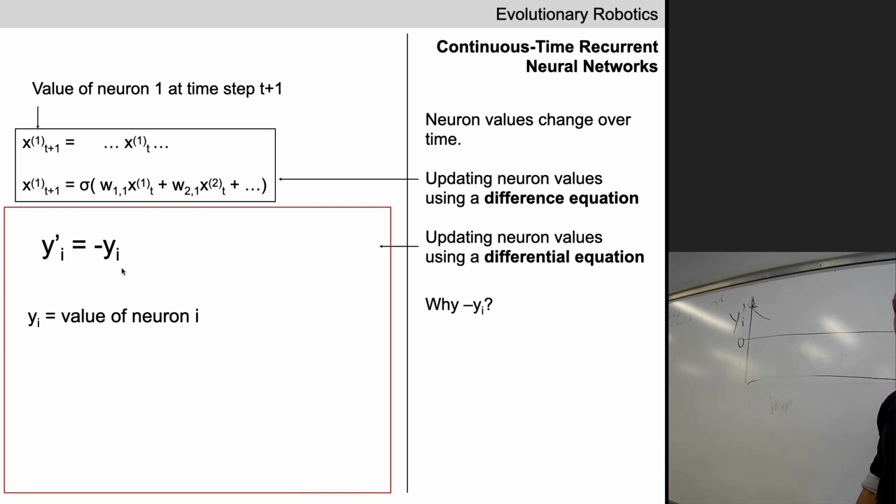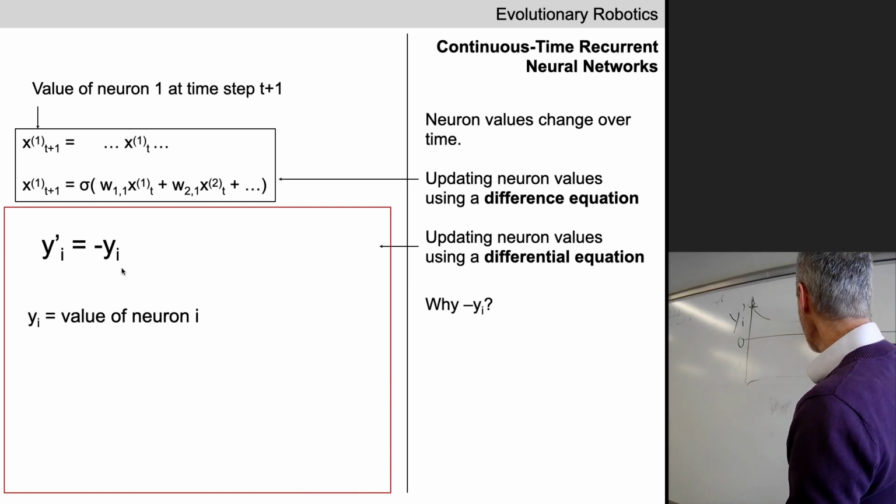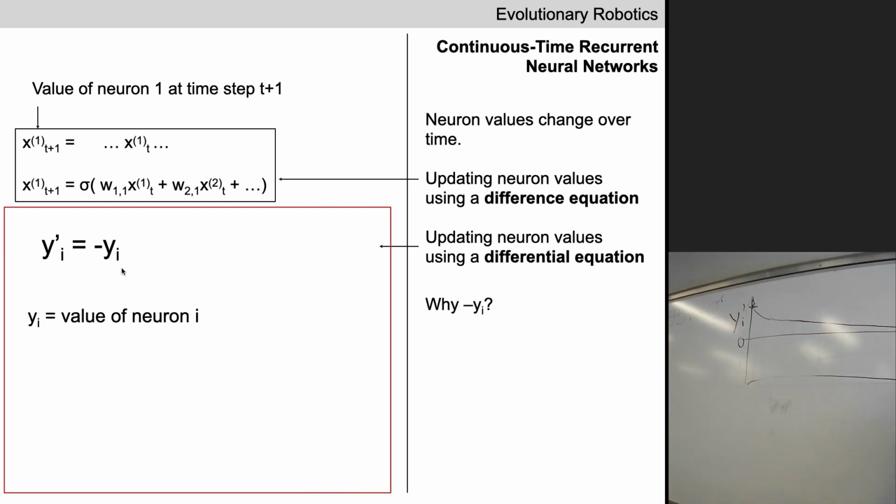Let's plug in 0.5 to the right-hand side. What's going to happen at this point as we continue moving forward? y prime sub i equals minus 0.5 now. It's going to decrease less, right? It will approach 0 and never reach it. So we've got asymptotic behavior.